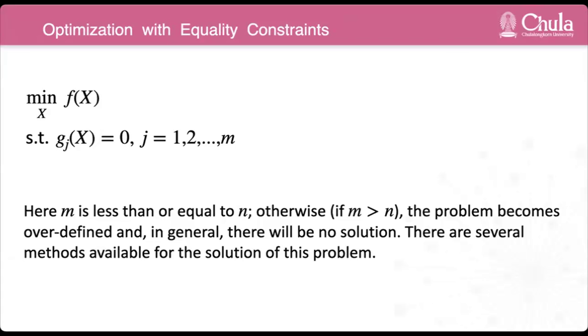You have to solve a system of equations instead of an optimization problem. For an optimization problem, the number of variables is larger than the number of equality constraints.